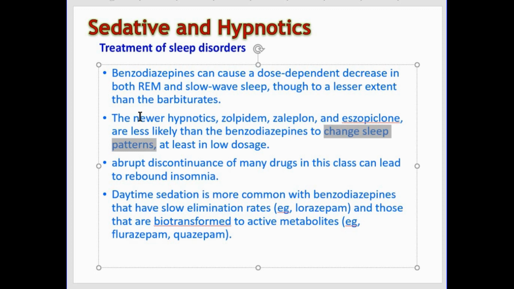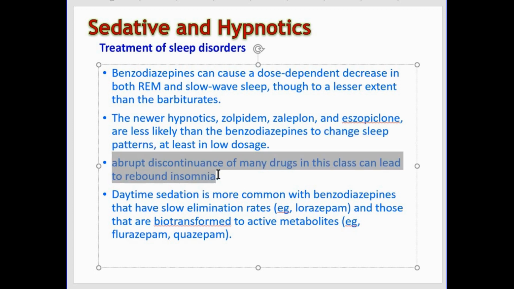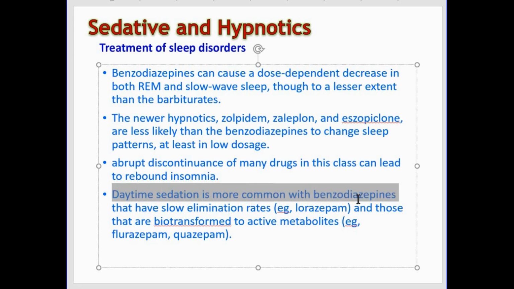They will put you to sleep quickly without changing sleep architecture. Abrupt discontinuation of many drugs can lead to rebound insomnia, so they should not be discontinued abruptly. Daytime sedation is more common with benzodiazepines with a slower rate of elimination, or those drugs which have active metabolites. So you want to consider those drugs before you give them to a patient.